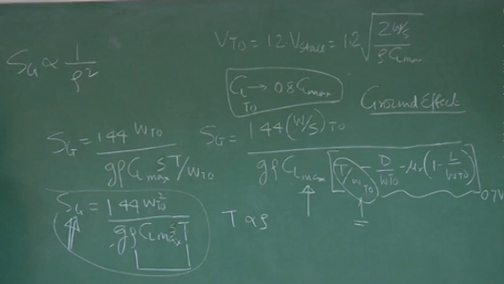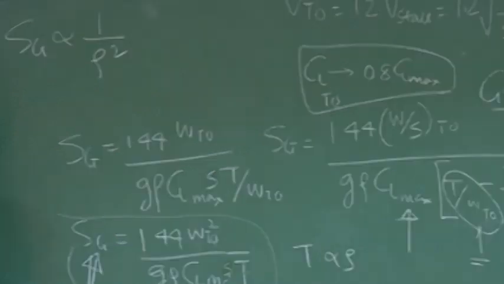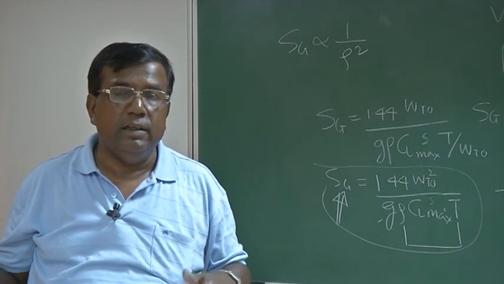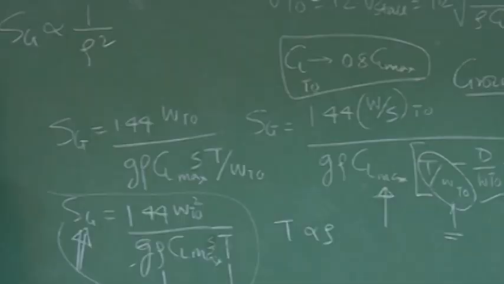In the winter season, where the density of air is more compared to summer, you will find SG will be less. And the reverse happens in summer for the same aircraft or the same location of the airport from where we are going to take off.